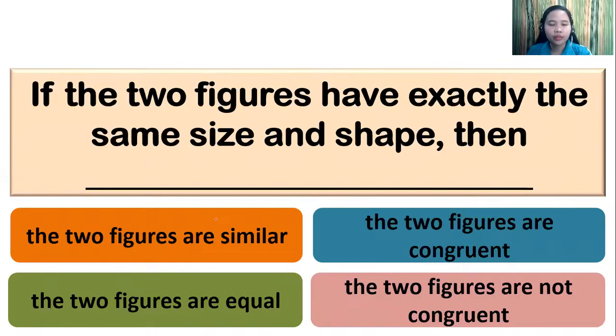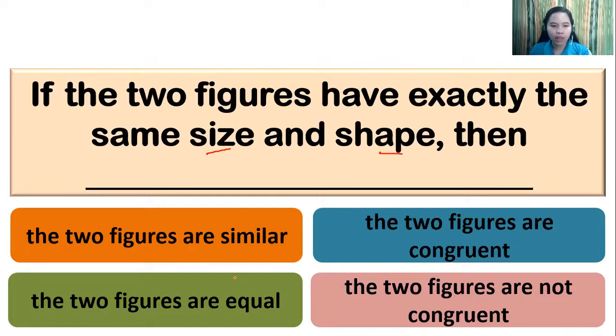If two figures have exactly the same size and shape, then blank. What can you conclude if we have two figures with the same size and the same shape? The first option is the figures are similar. Remember class, if we are talking about similar, it only indicates that they have the same shape.